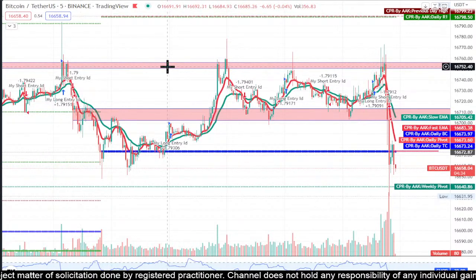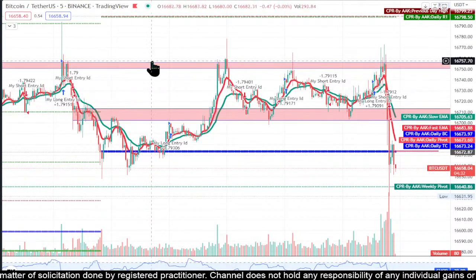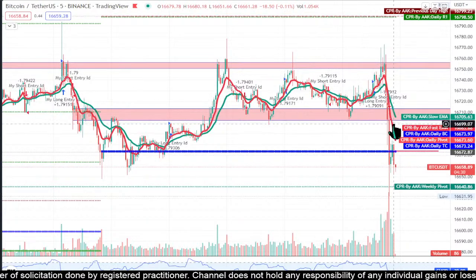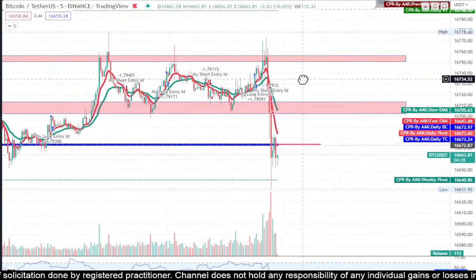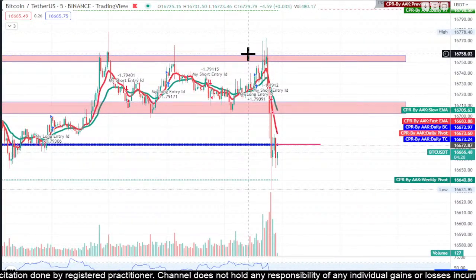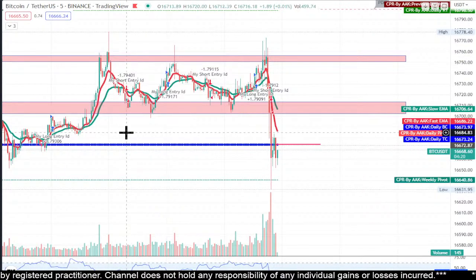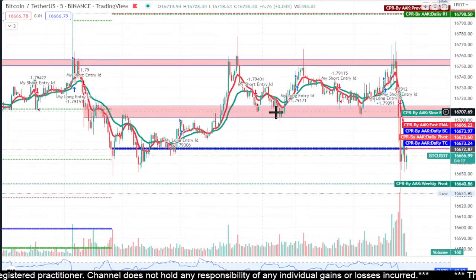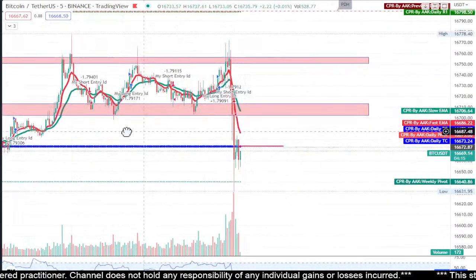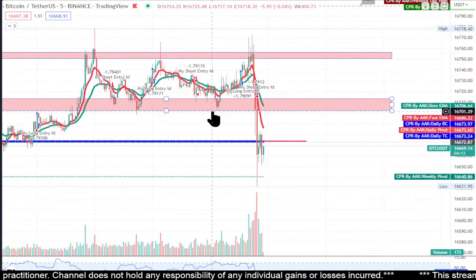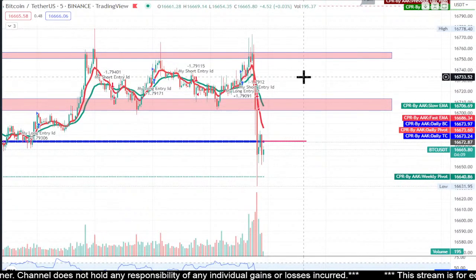The price was not able to sustain above this particular range. Similarly, it was not able to sustain above that particular range, which is approximately 16,750, or maybe 760. At the same time, again and again during the day, whenever the price was coming near the price band of 16,700, it used to bounce back.